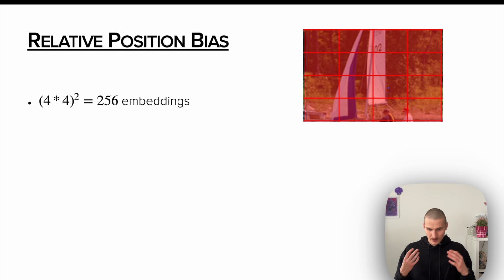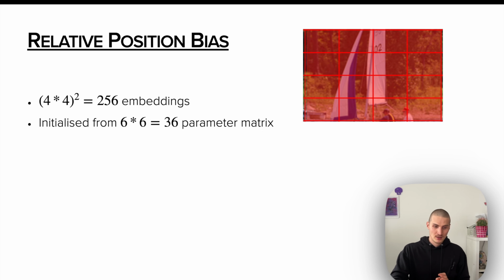And so the problem is now that we need basically much more unique parameters to represent that. Because if we're talking about just the absolute position, that was relative to the total number of patches. So if we have 16 patches, then we need 16 different embeddings. Now we want relative position between every pair. So that's now 16 squared, or 256 embeddings.